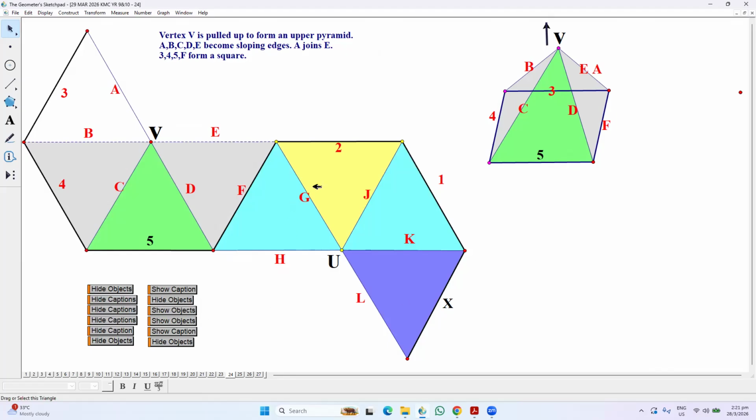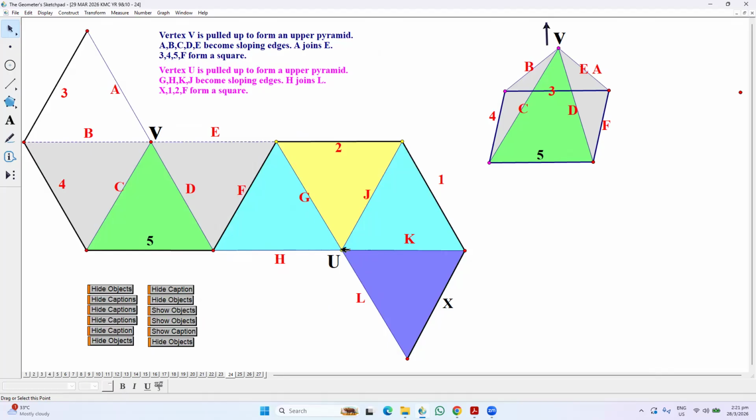Now we consider the other half of the net. Vertex U is pulled up to form an upper pyramid. G, H, J, K become sloping edges.